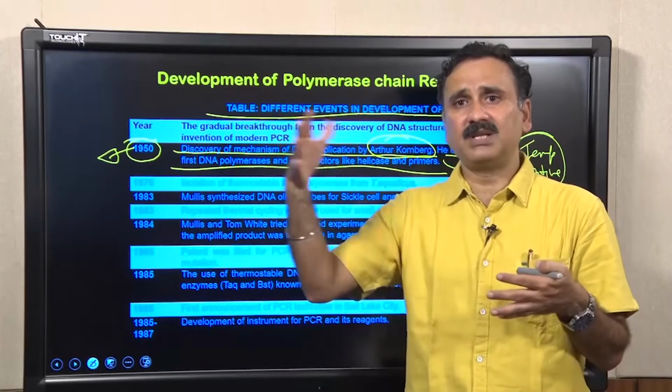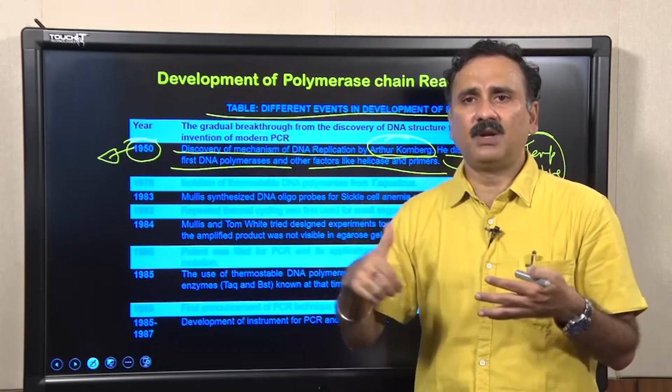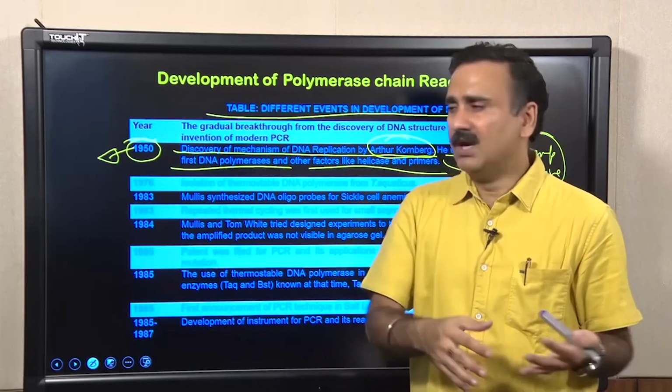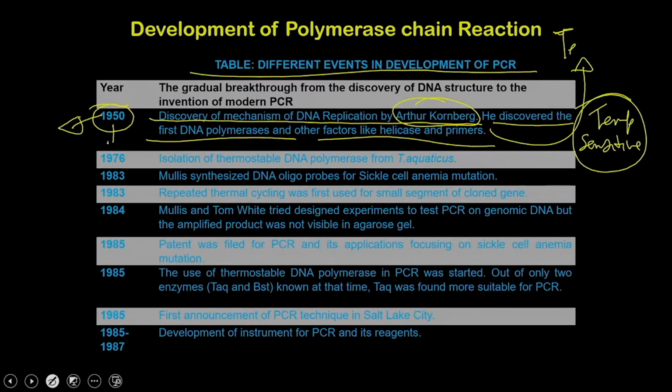But once you bring the temperature up, the enzyme reported by Arthur Kornberg is going to be inactivated, and that is why nothing happened until 1976, when people discovered the first thermostable DNA polymerase from Thermus aquaticus.